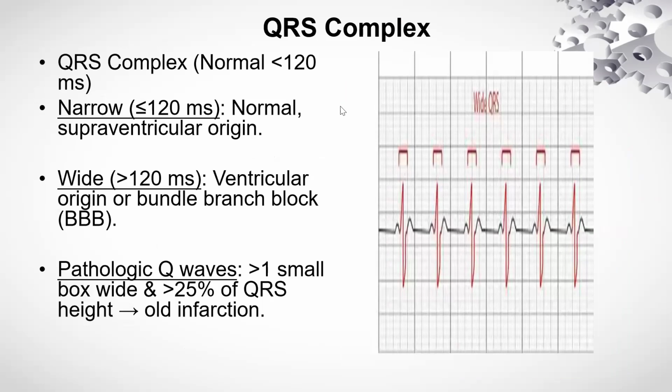So we look at the QRS complex. The normal one is usually less than 120 milliseconds, less than 3 small squares. We have two different types of QRS waves. We have the narrow one, where the origin is usually supraventricular.